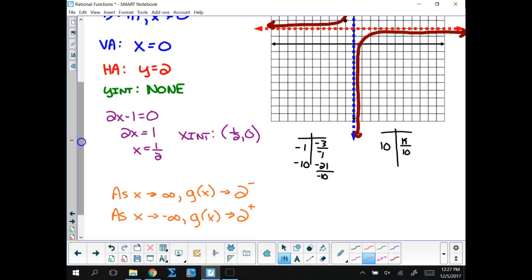As x approaches 0 from the left, my function g of x approaches positive or negative infinity.